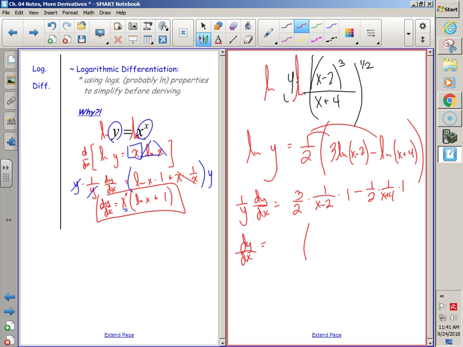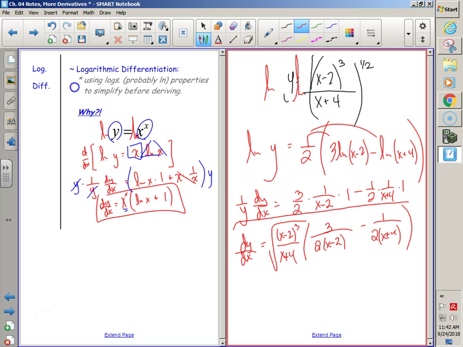Why am I going to do a blank with a big old parenthesis? Yeah, I'm going to plug in. Multiply the y by the other side and plugged it in.